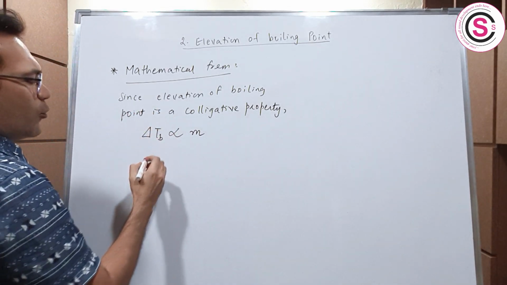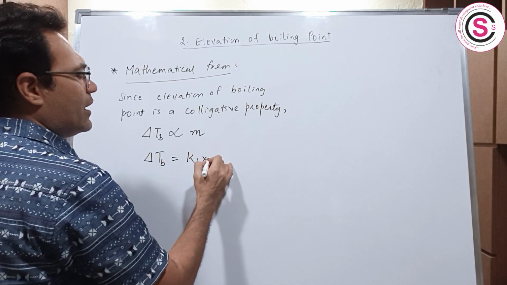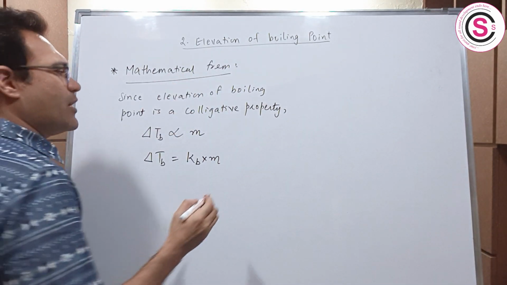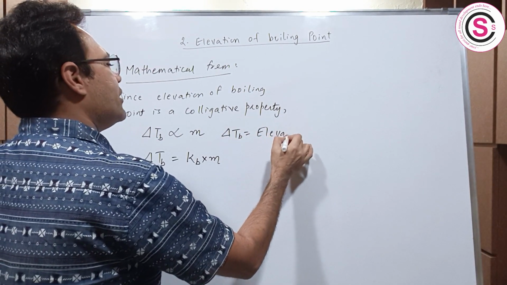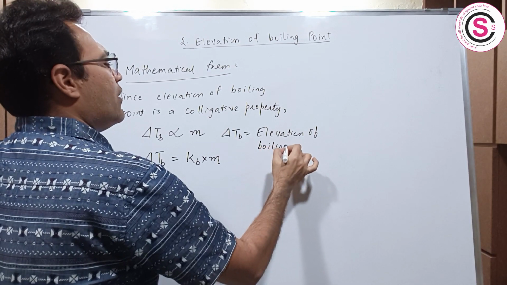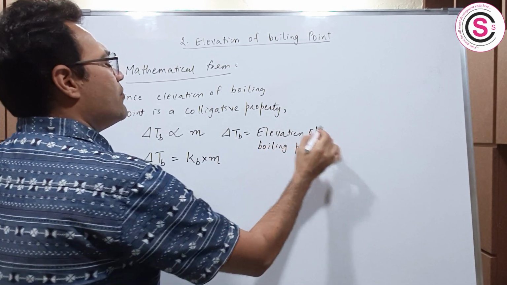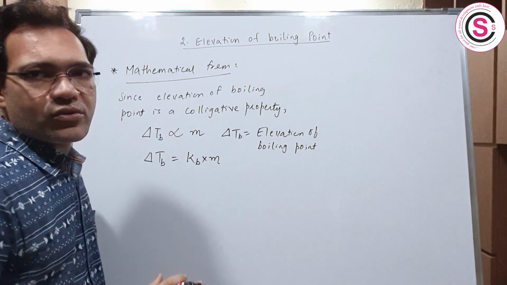Now to remove the proportionality sign, I will need a constant. So as a constant, I take KB as my constant, correct? Here students, delta TB is elevation of boiling point. Students, keep this thing in mind. Whenever you are writing the answers in exam, right, you have to mention the meaning of whatever symbols you are using.